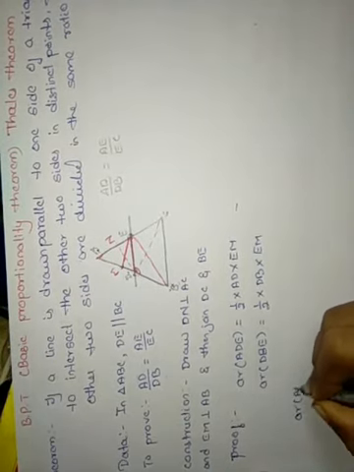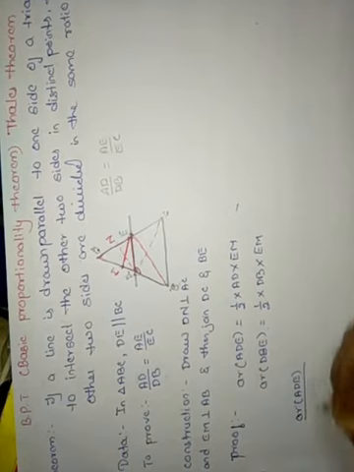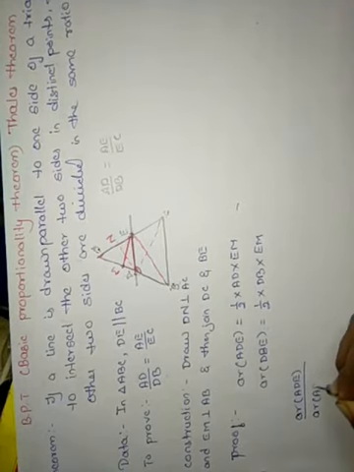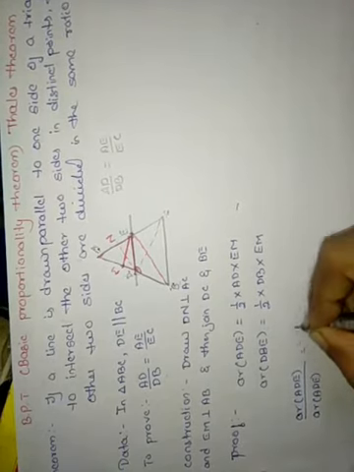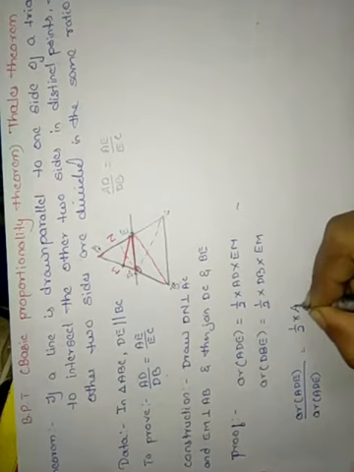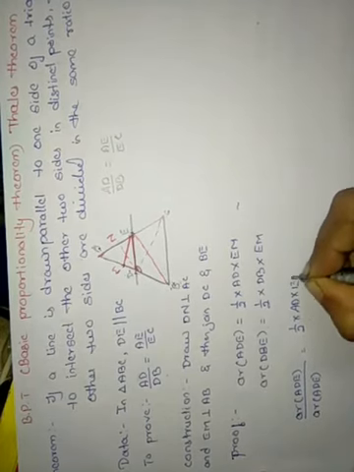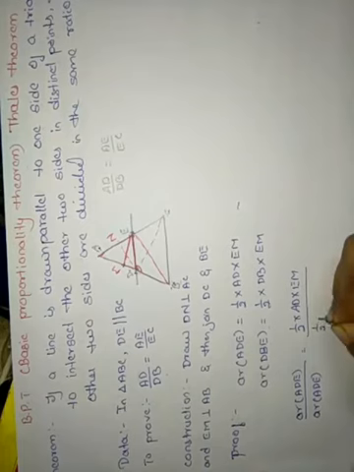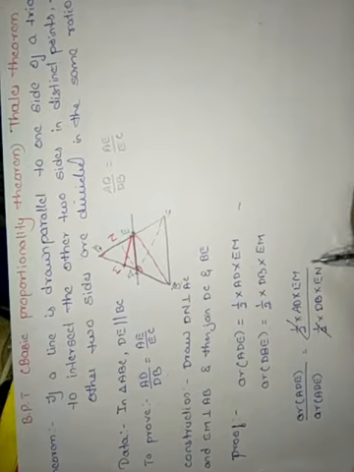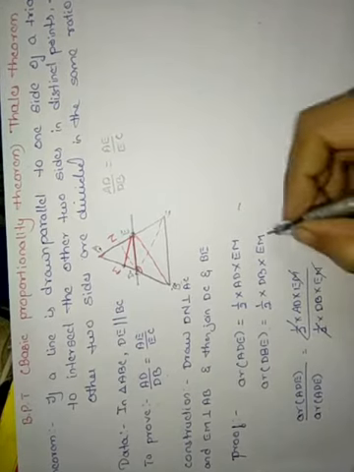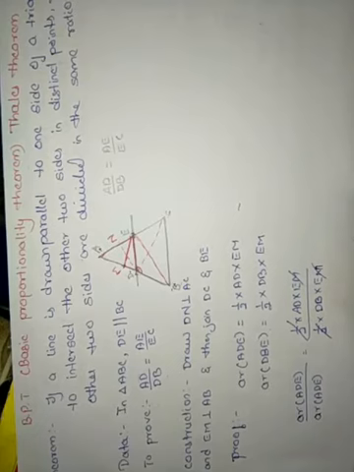Area of ADE divided by area of DBE is equal to half into AD into EM divided by half into DB into EM. Half cancels, EM cancels.